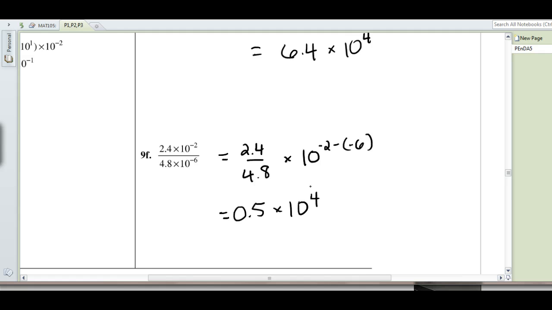Notice, though, they asked us to put the number in scientific notation, and this one is not in scientific notation because that number out front, 0.5, is not between 1 and 10. So what we really need to do is take one of our copies of 10, and then we'll have 3 copies left over, and multiply that with the 0.5. So this part right here is just going to become regular 5. So we end up with 5 times 10 to the 3rd power.